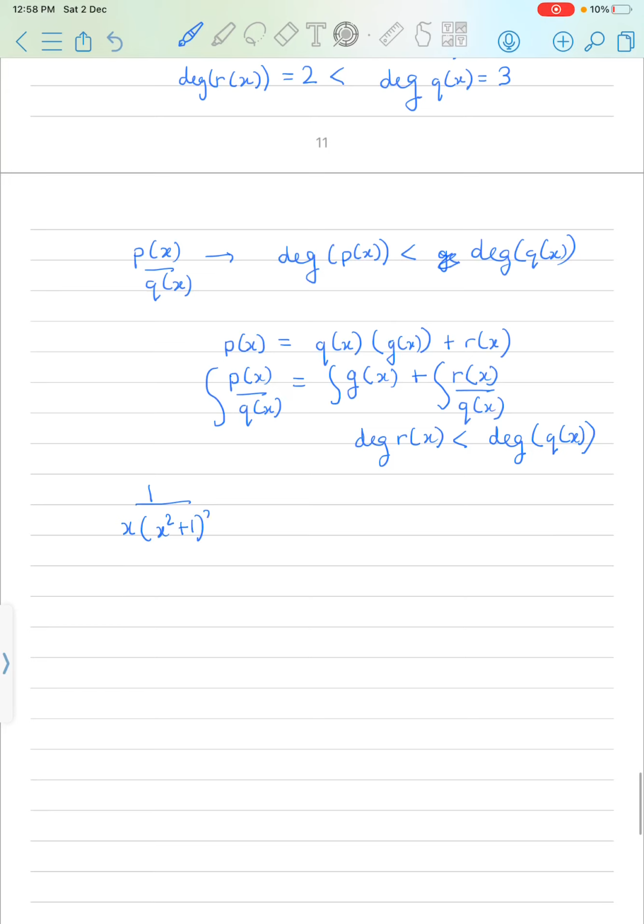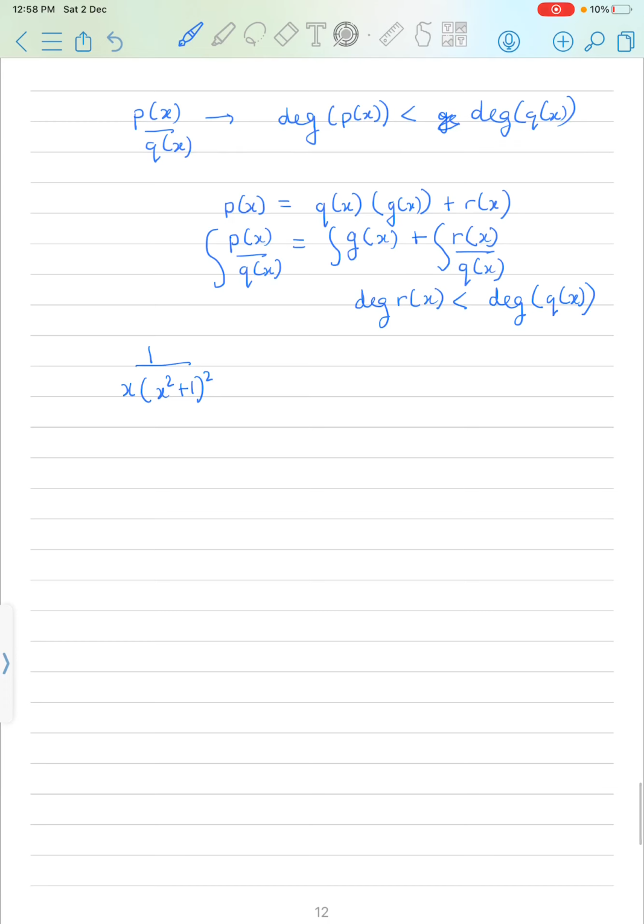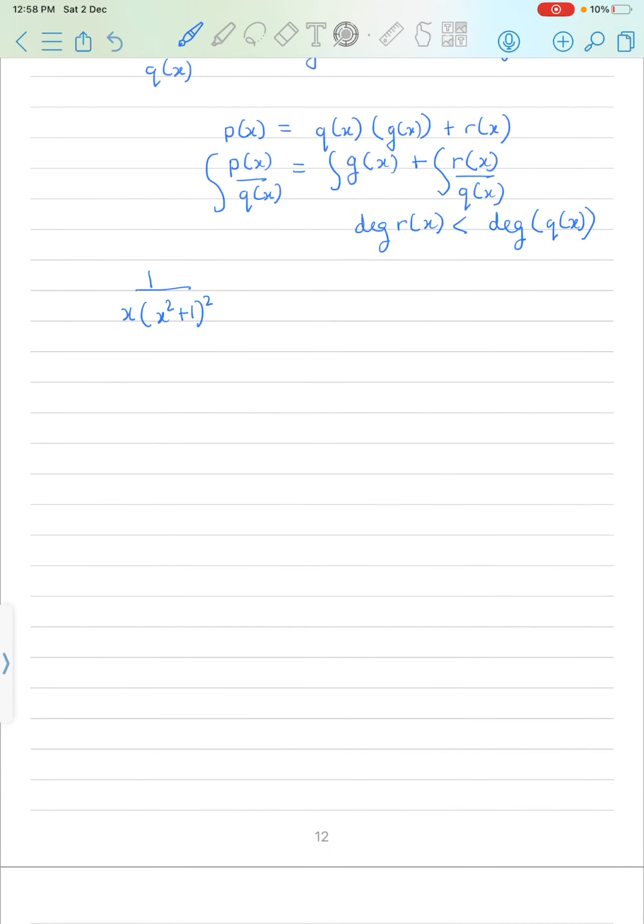Before going into solving this, this is how we use the partial fraction method of integration. Suppose Q(x) is given here.